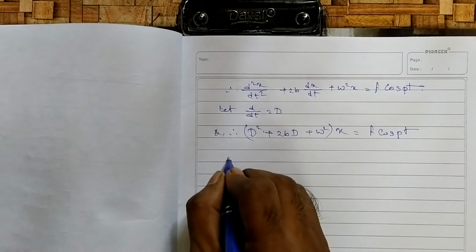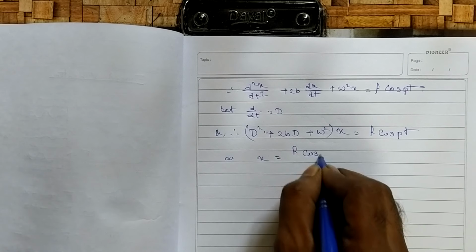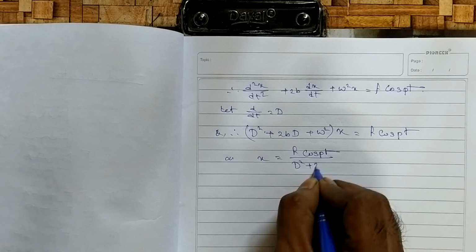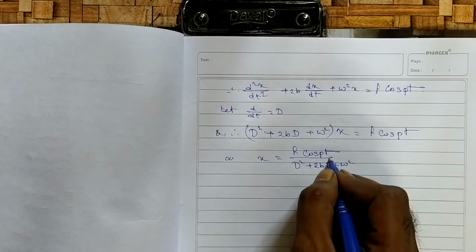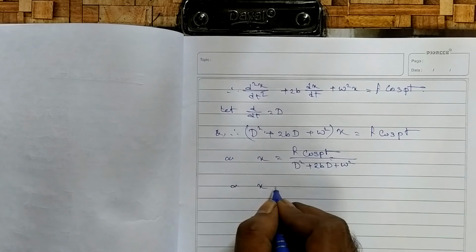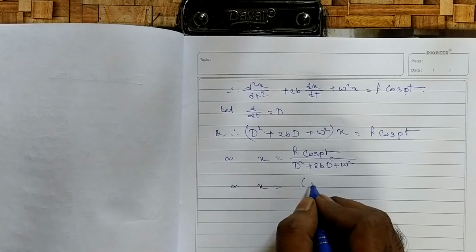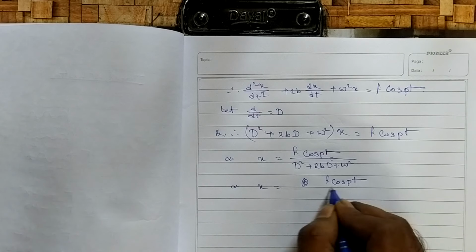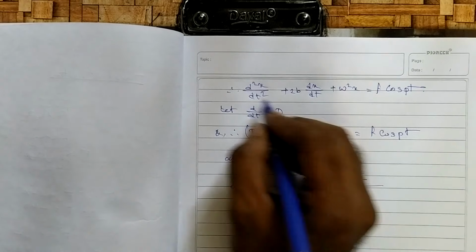So from this we get x is equal to f cos pt divided by (D square plus 2bD plus omega square). Now we try to find out the solution of this equation.